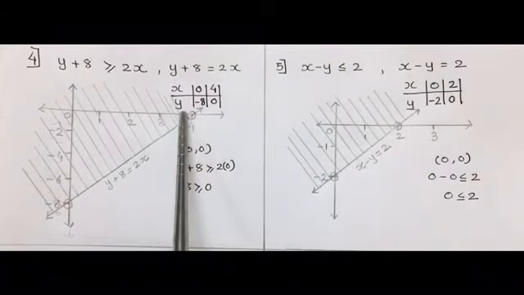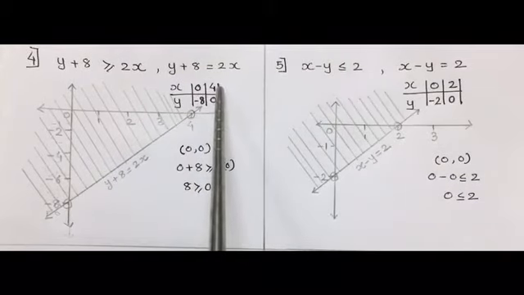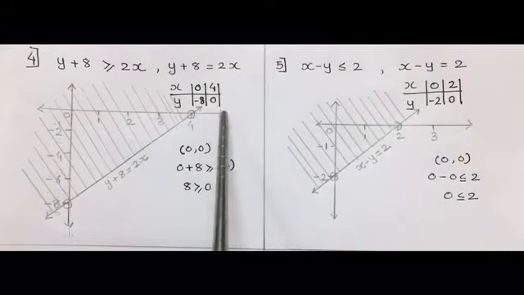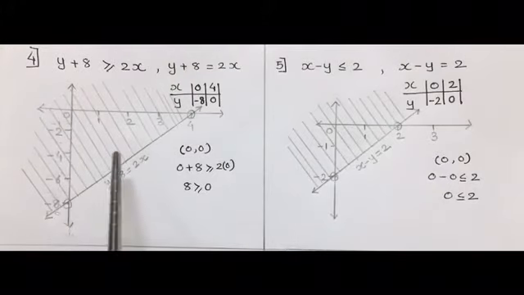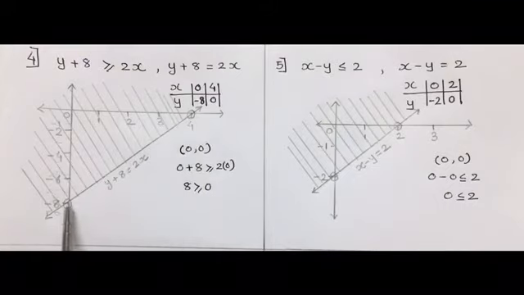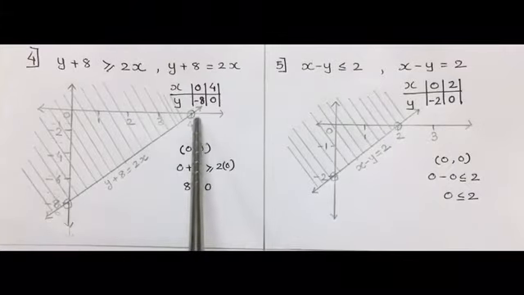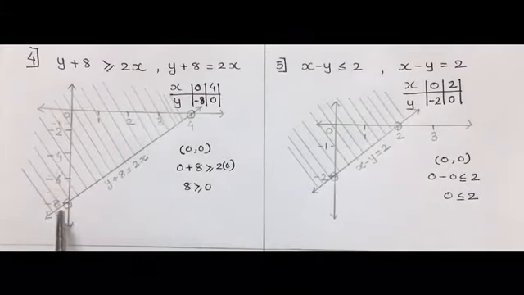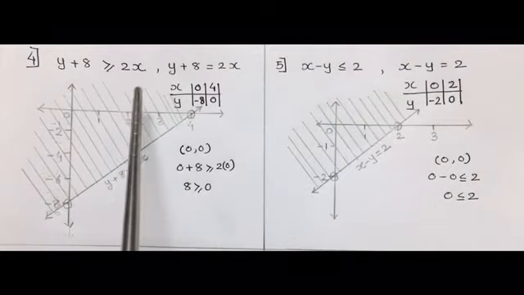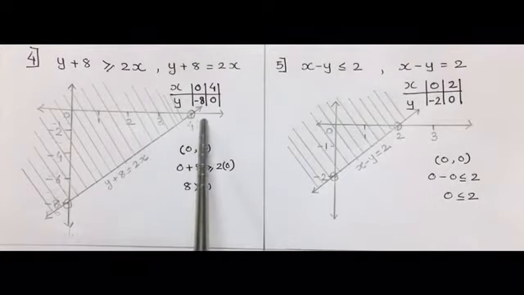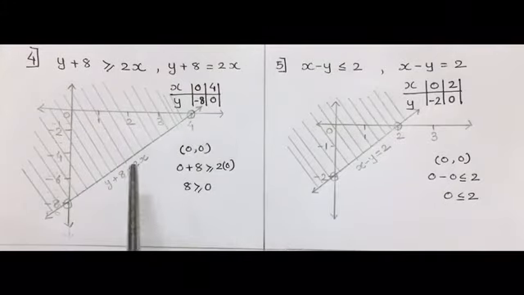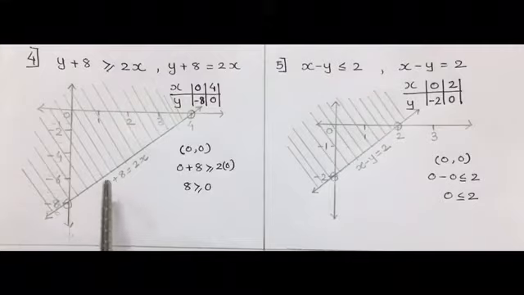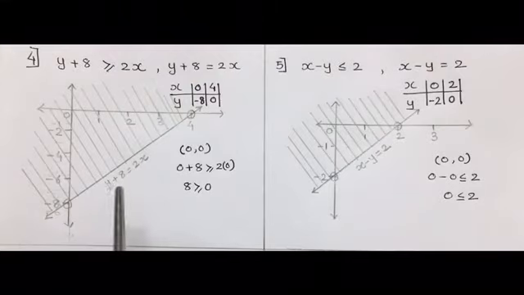Now as there is negative y and positive x, we will take the positive x-axis and negative y-axis. Plotting the points, the first point is 0, minus 8, the second point is 4, 0. A line is drawn, and this line will not be a dotted line as equality is there. This line divides the plane into two parts.